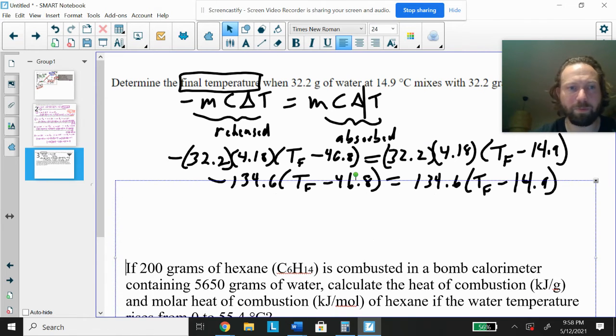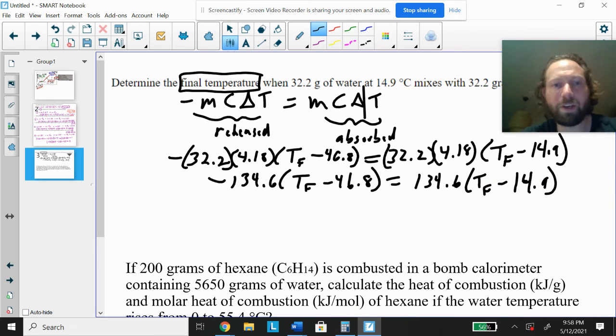To make this simpler, what I see here is that it doesn't always work out this way, but in this case we have the same mass for both of the samples. That makes it easy for us to cancel out the numbers in front.